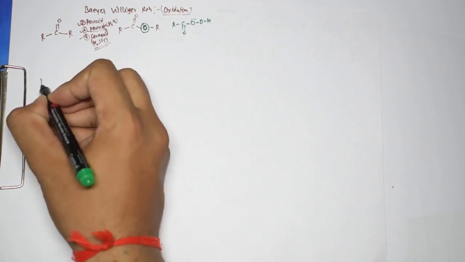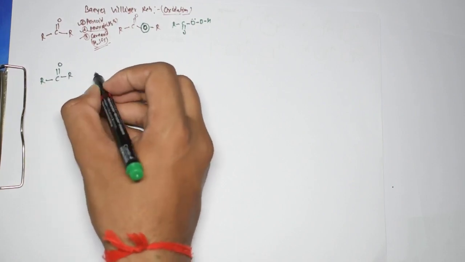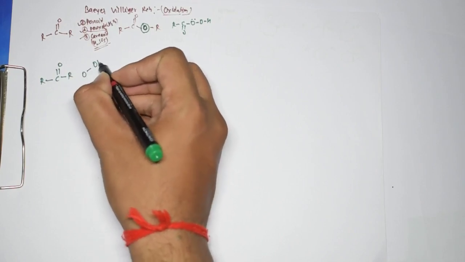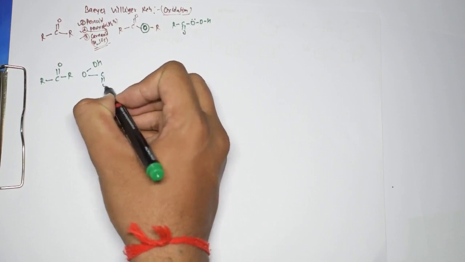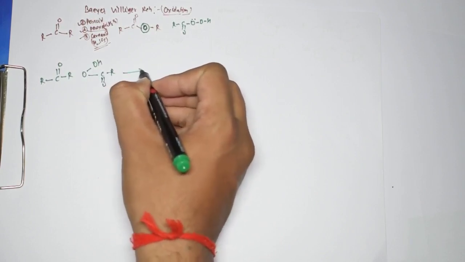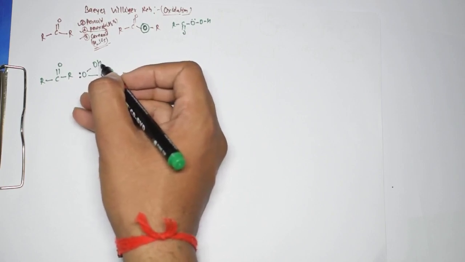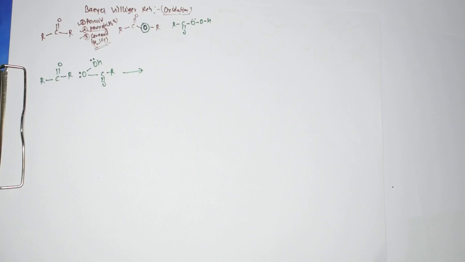First of all, we have R, C double bond O, and here we also have R. If I write the peracid, here we will have OH, and here we will have C double bond O R, like this. And we also have these two electrons in this case.